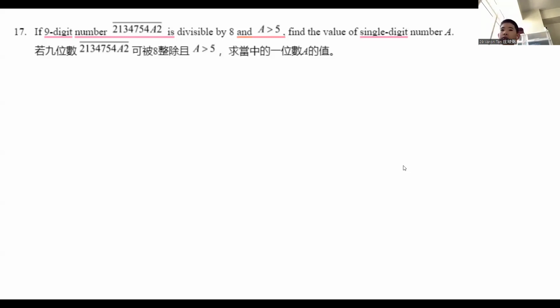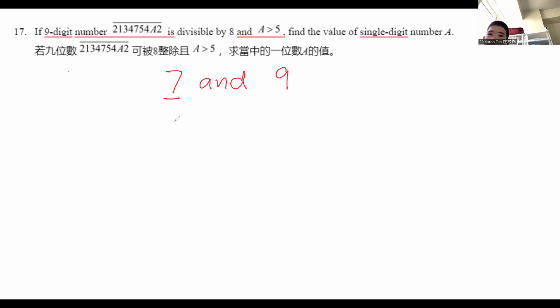A is bigger than 5, so the only numbers are 7 and 9. But since 72 is divisible by 8 and 92 is not, we have to use A as 7.